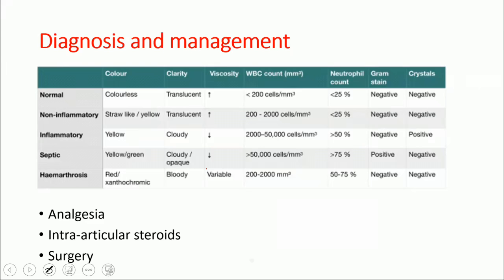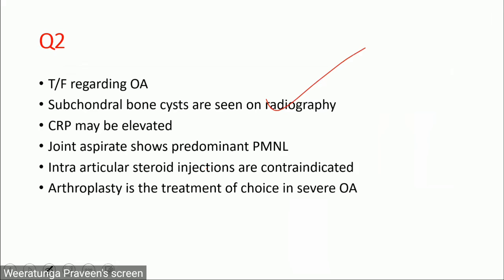Even though traditionally we described osteoarthritis as a non-inflammatory disorder, now we recognize there is a bit of inflammation going on in osteoarthritis as well. People started thinking about this because even in very pure osteoarthritis, CRP might be slightly high. Also, if you take a joint fluid aspirate, there are not a lot of cells, but neutrophils are the predominant cell in that joint fluid.